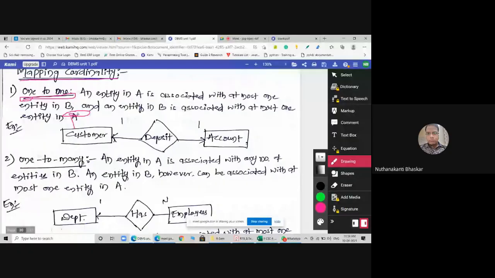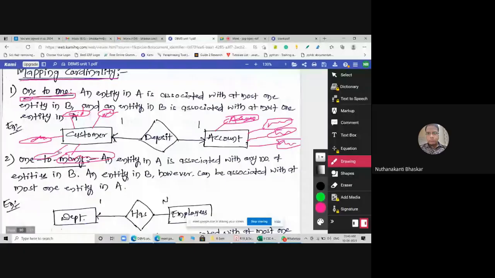Here, you need to write all attributes: customer ID, customer name, date of birth, branch, all these things. Even account also: account number, name of the account.